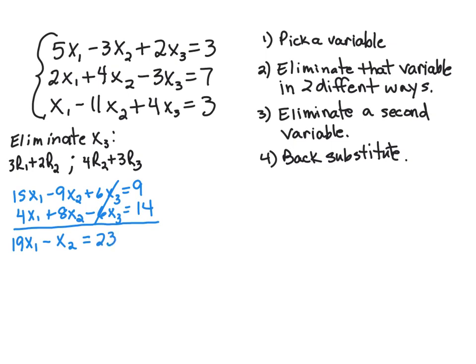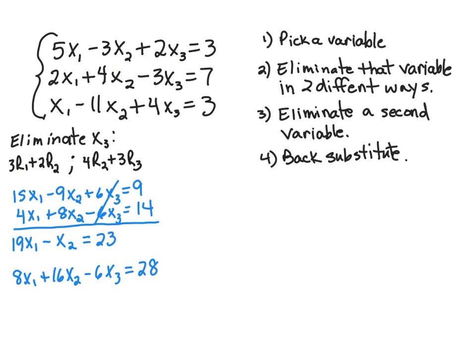There we go. All right, next step. 4 row 2's gives me 8x1's, 16x2's, negative 6x3's, and 4 times 7 is 28.